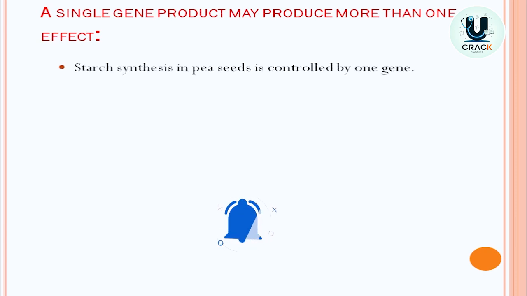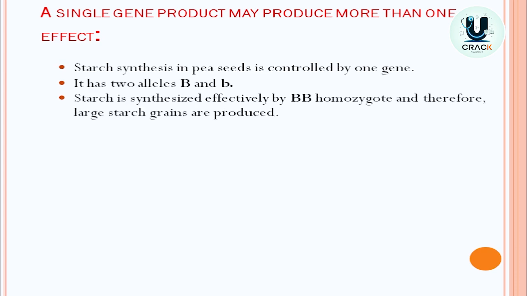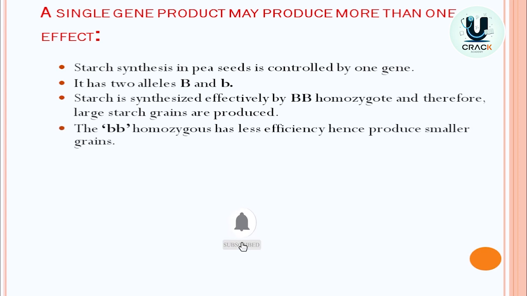Starch synthesis in pea seeds is controlled by one gene. It has two alleles, B and b. Starch is synthesized effectively in BB homozygotes, and therefore large starch grains are produced. The bb homozygote synthesizes starch less effectively, hence produces smaller grains.